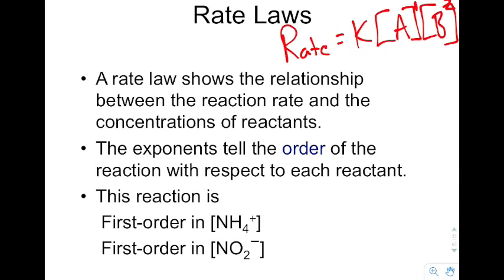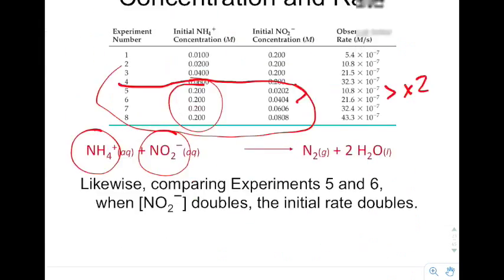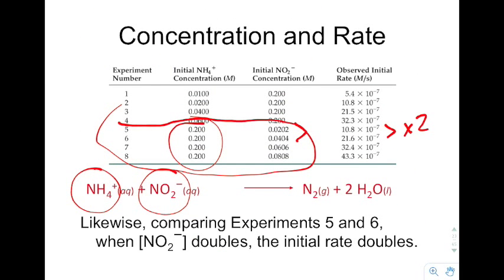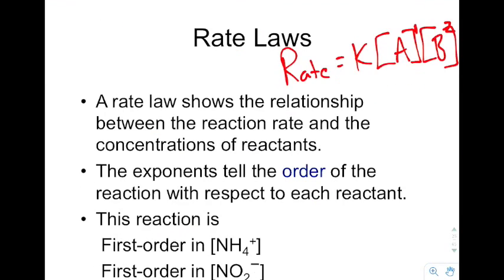How you would figure out if there was a 1 or a 2 there, you would look at the initial data. Say, for example, that you doubled the concentration here, and this increased by a factor of 4, and that you tripled this here, and this increased by a factor of 9. What that would mean is that this would no longer be a 1, but instead would be a 2. So that's how you determine the exponents that are associated there.